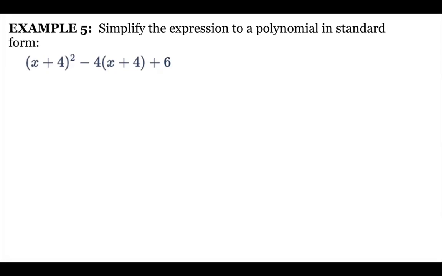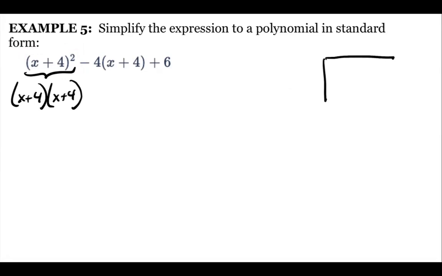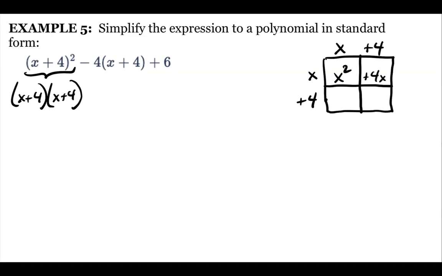So the exponent is this guy here. Doesn't that mean times itself? Okay, so I'm going to do that right now over here. I'm going to set up a 2 by 2. x plus 4, x plus 4. So I got x squared plus 4x plus 4x plus 16.